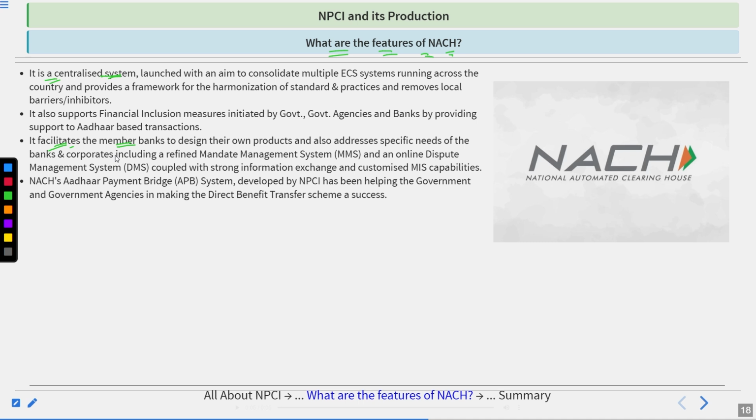It facilitates the member banks to design their own products and also addresses the specific needs of banks and corporates, including a refined mandate management system, MMS, and an online dispute management system, DMS, coupled with strong information exchange and customized MIS capabilities. The NACH Aadhaar Payment Bridge, APB system, developed by NPCI, has been helping the government and government agencies in making the direct benefit transfer scheme a success.